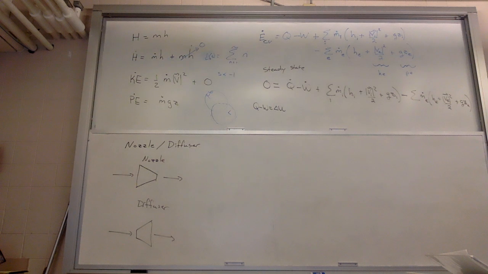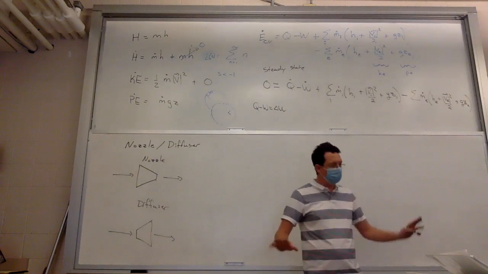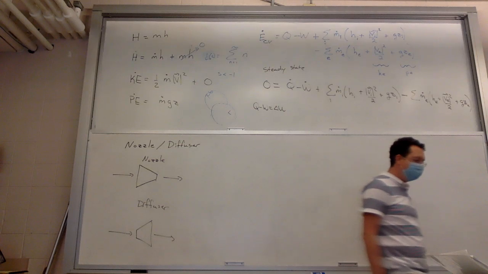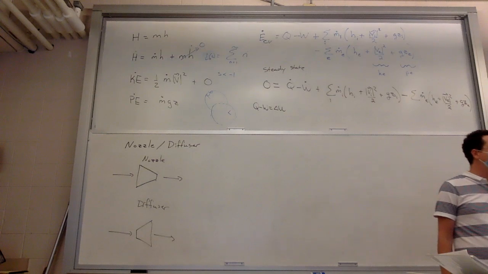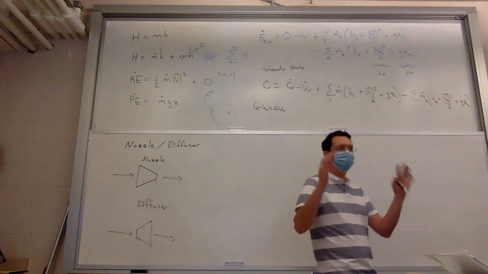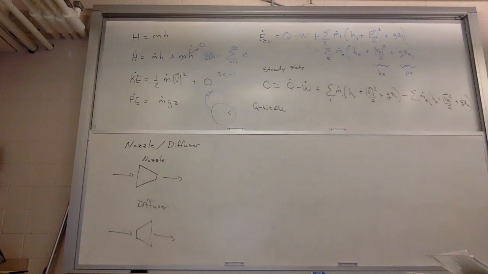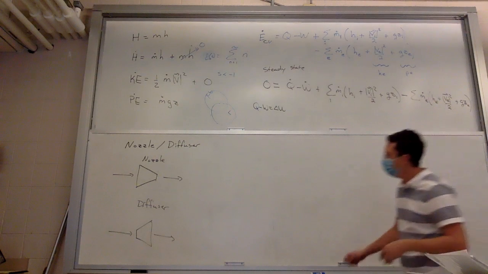Yeah, your book is kind of sloppy, but this is how your book does it. I think nozzles and diffusers are always the same. It's turbines and pumps and heat exchangers that can be drawn in different ways in different books. I don't know, that's an engineering thing. I'm just going to go with what the book has. But this is how we have it.